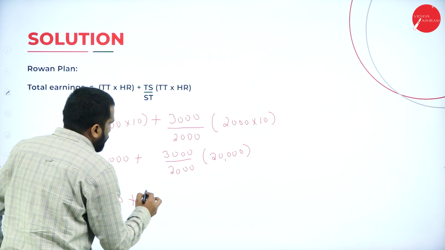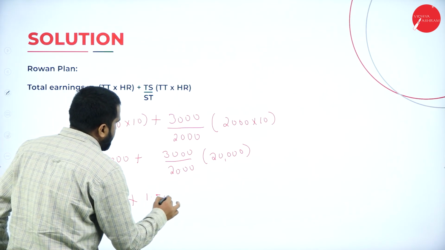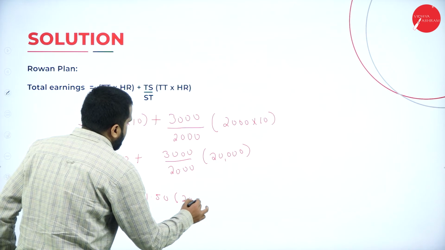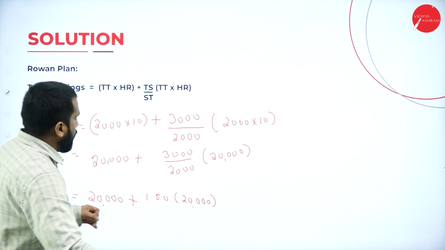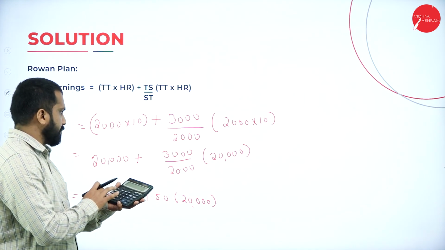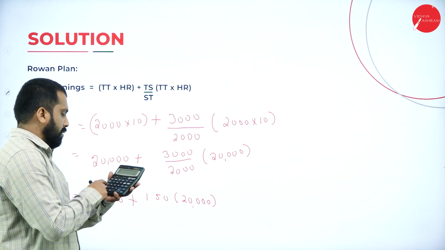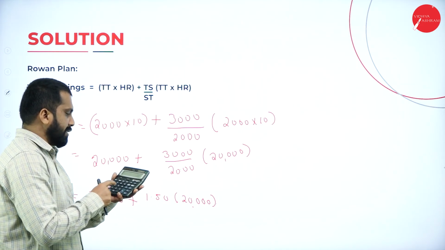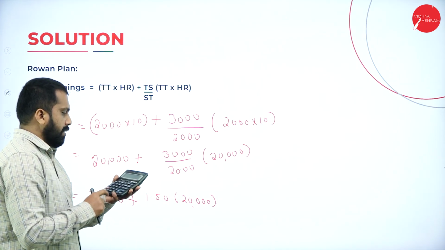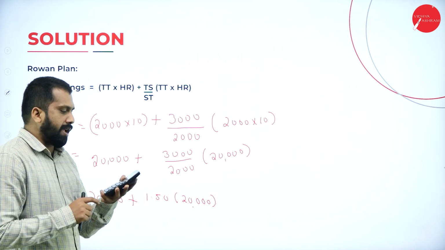So it is 1.50 multiplied with 20,000. Now calculate this: 1.50 into 20,000. I got around 30,000.